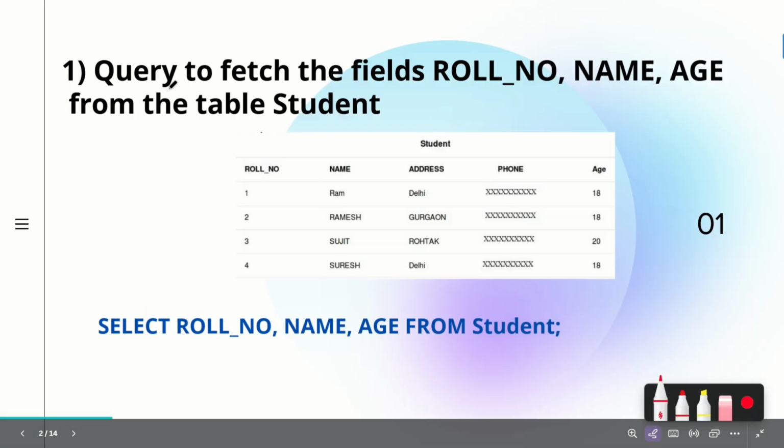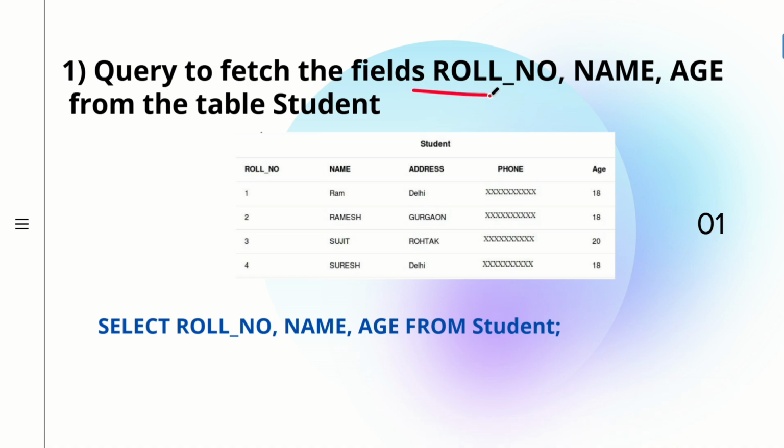So the first query you are supposed to do is to fetch the fields like roll number, name and age from the student table. Here you can see you have a table named student, and from there you are supposed to fetch only some columns, which are roll number, name and age. Here there can be two questions.